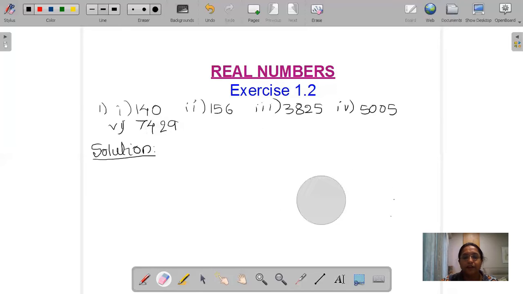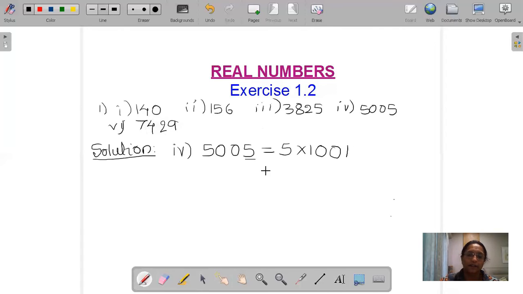Next example, that is the fourth example, 5005. Again, the last digit 5 is there, so this number will be divisible by 5. 5 ones are 5, 0, 0, 5 ones are 5, and this is 1001.